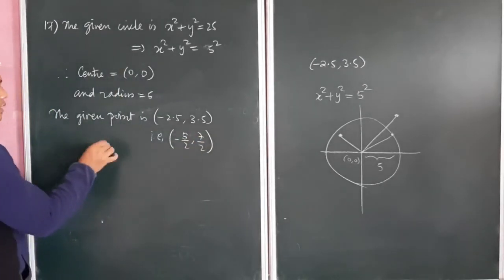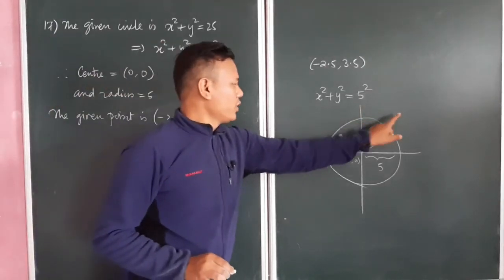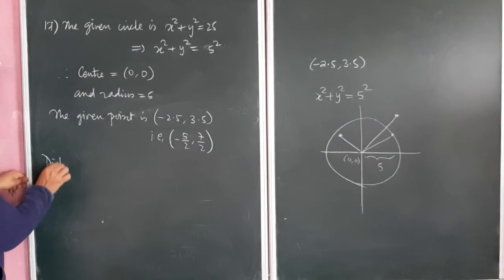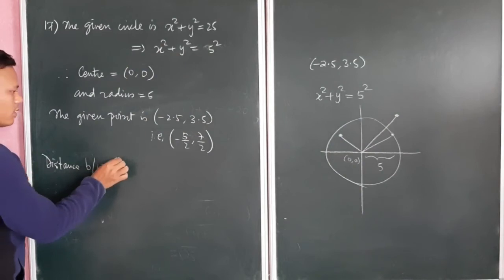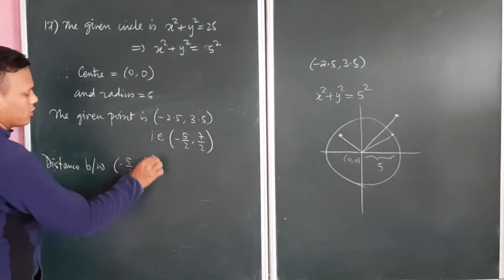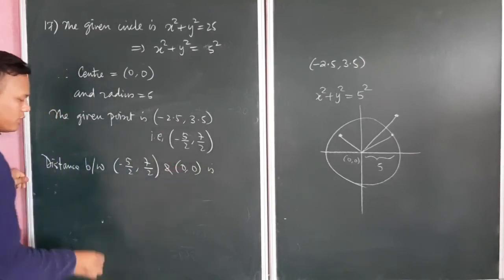Now as I said, we need to find the distance between the point and the center. So the distance between minus 5 by 2 comma 7 by 2 and the center, that is 0, 0, let us see what the distance will be.